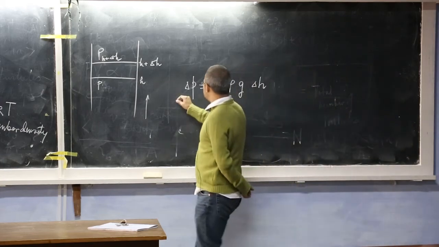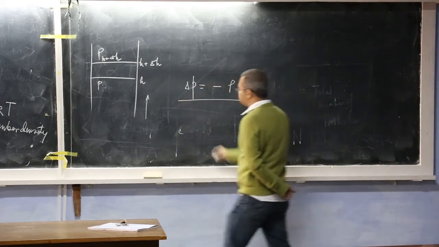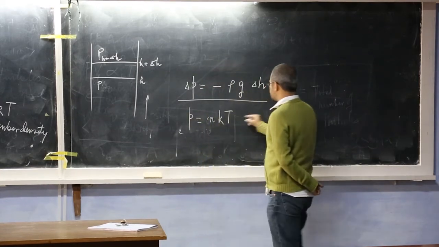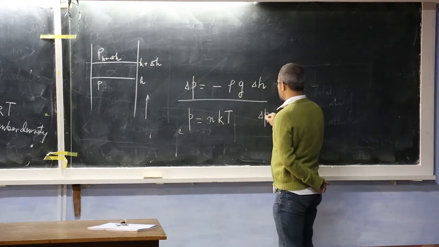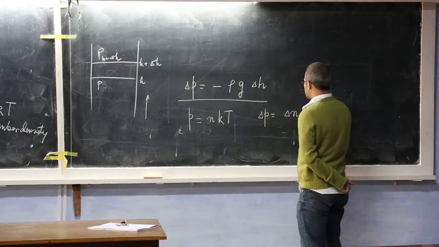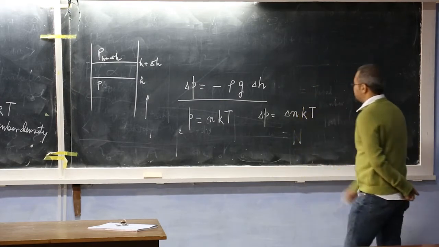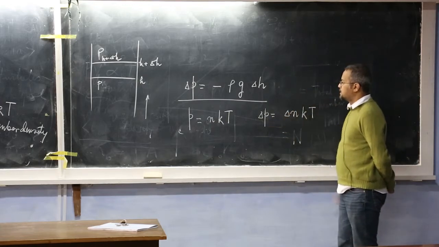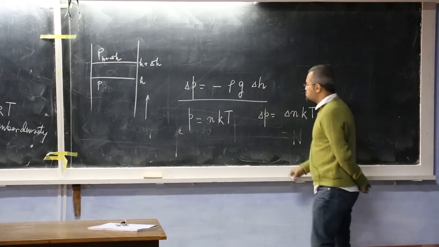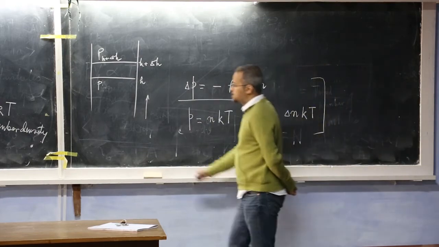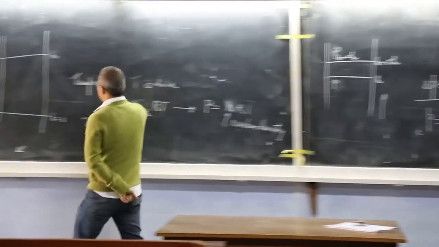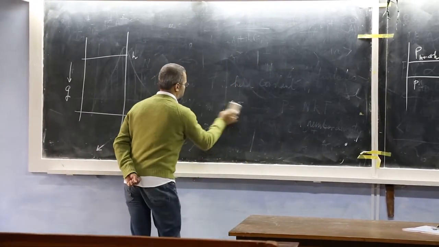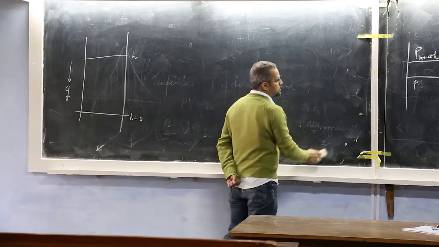Great. Now this is one thing that you have, and then you of course have pressure equals nkT. So from here you can just see that delta P equals delta n kT. T is constant, so that is why we could just differentiate the n. And then if you equate these two, you have a simple differential equation in the limit that the delta goes to a differential.